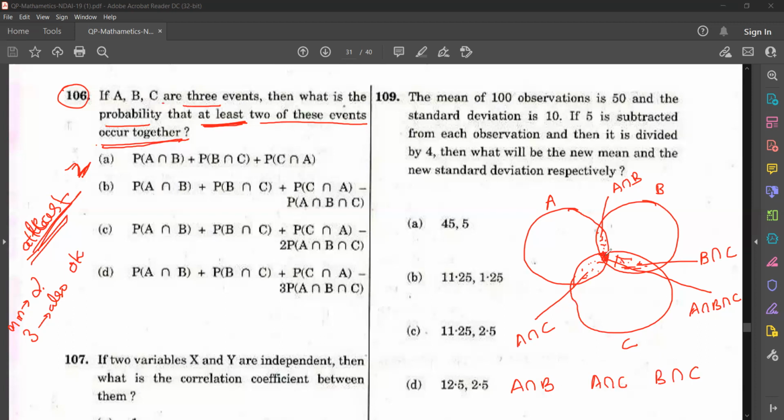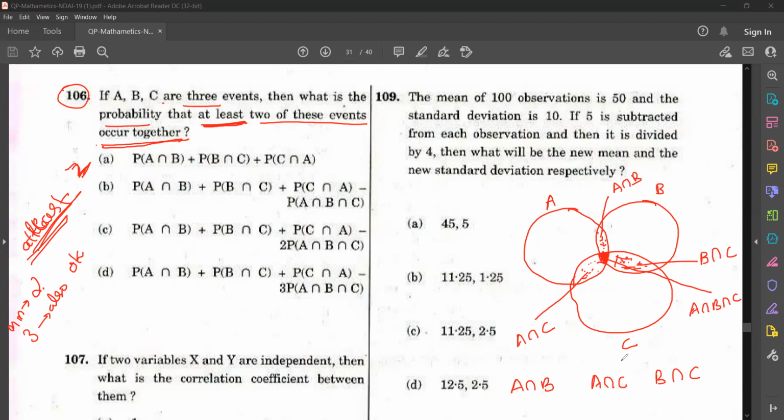Then minimum 2 means 3 is also fine. So in all of these, whether it is A intersection B, A intersection C, or B intersection C, each has a common portion, A intersection B intersection C. So 3 times we are having this, but this portion is a single portion.